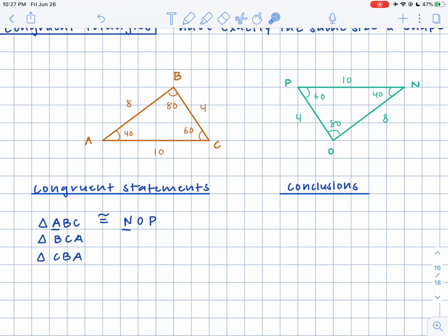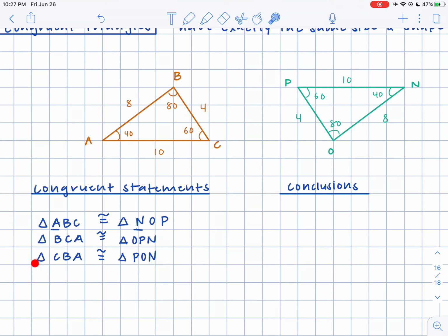Okay, so I can write ABC congruent to NOP. I can even write triangle BCA is congruent to triangle OPN. And lastly, CBA is congruent to triangle PON. And I did that by just doing the exact same thing, by finding the corresponding vertices.